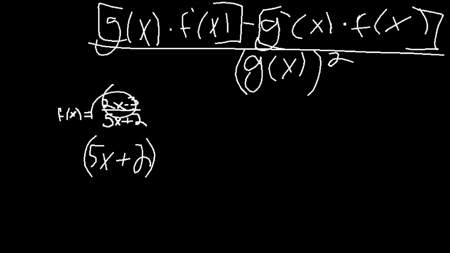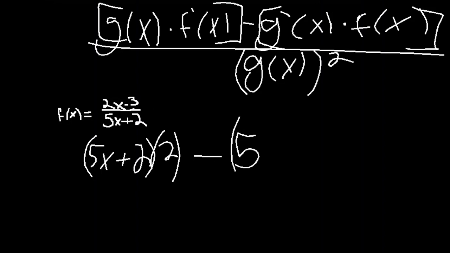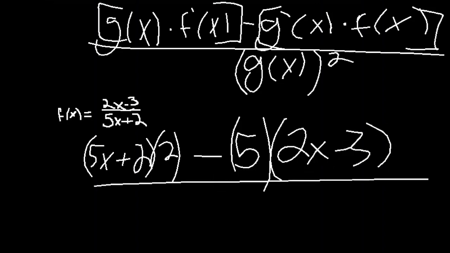And we see a coefficient times x, which is just going to be 2. Minus the derivative of the denominator, which is going to be 5, right? Because we see a constant, which is just going to be 0. And we see a coefficient times x, which is just going to be the coefficient itself, which is just 5. Times the numerator as it is. All over the denominator squared.